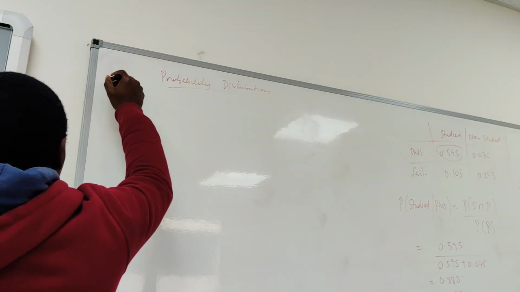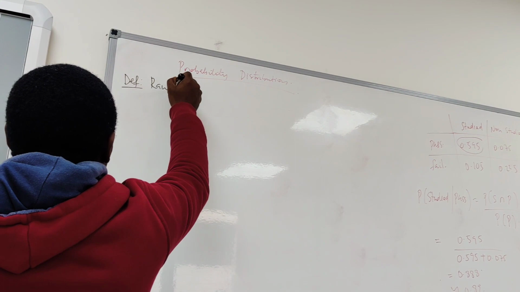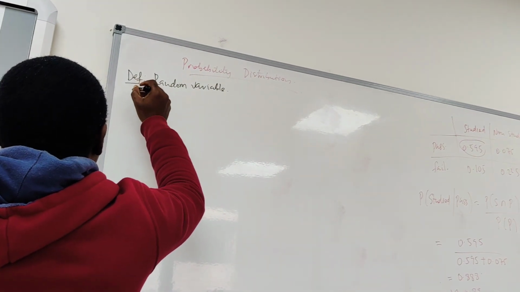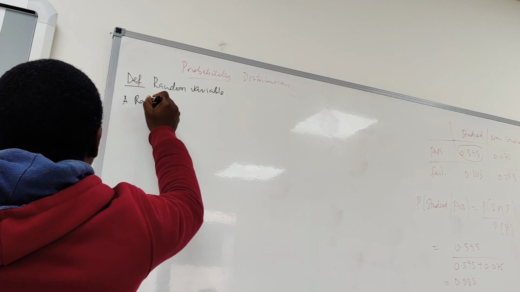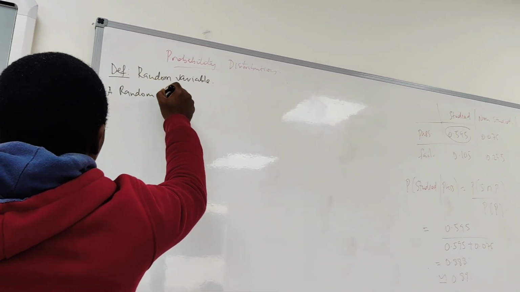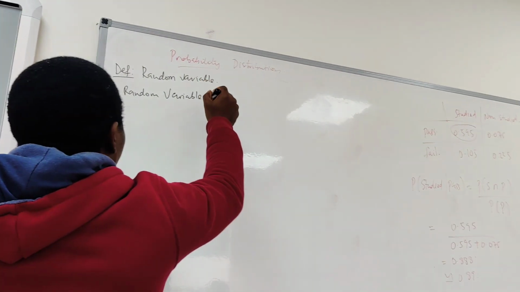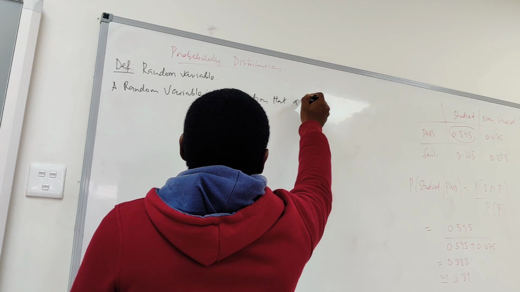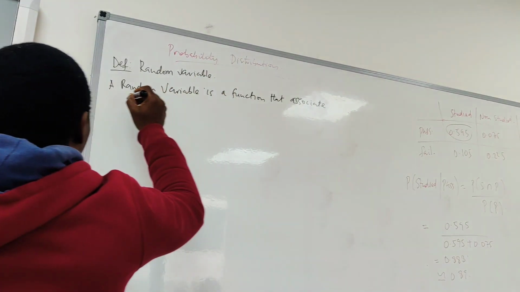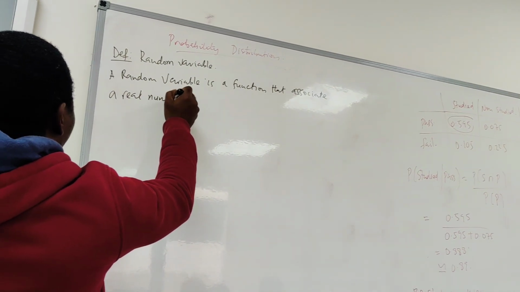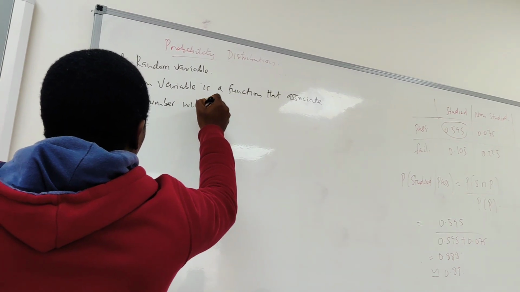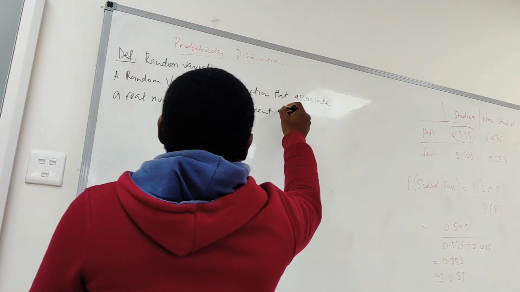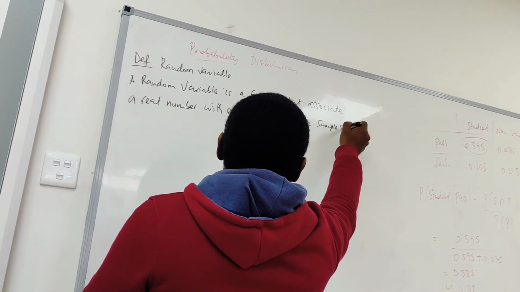So I give you the definition of random variable. Definition: a random variable is a function that associates a real number with each element in the sample space.